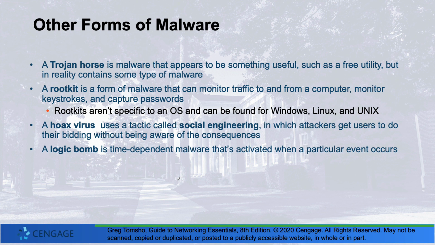A rootkit is a form of malware that takes over the operating system. You can find them on Windows, Linux, and Unix. They replace your operating system files, and there is no way to detect them because you're asking the operating system to scan.